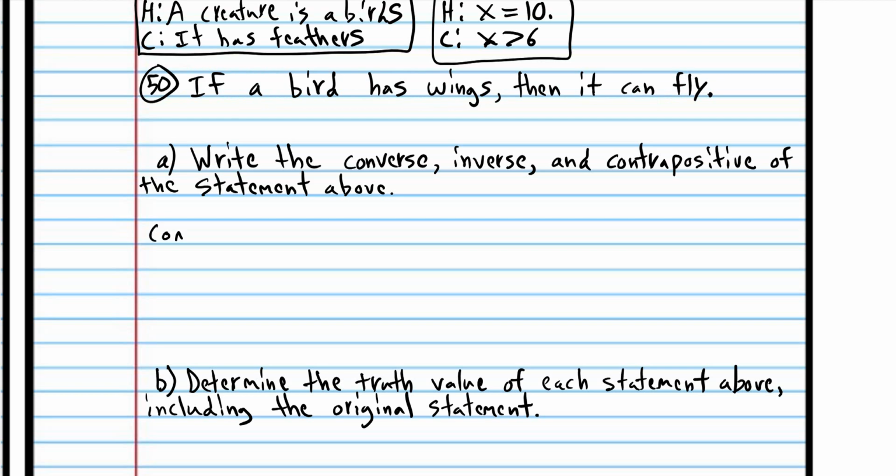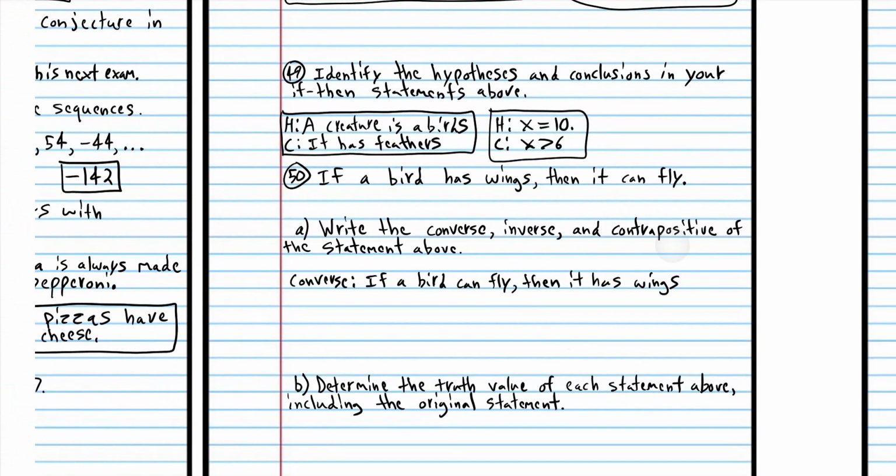All right, we're back. So start with the converse. If a bird can fly, then it has wings. All right.